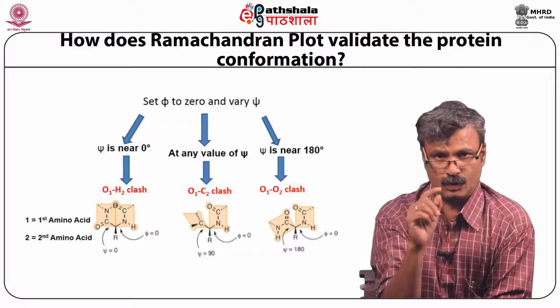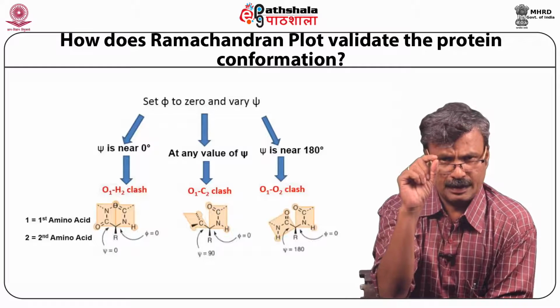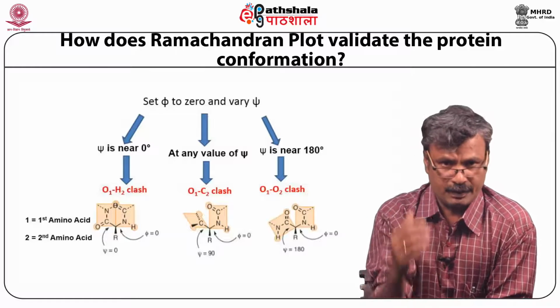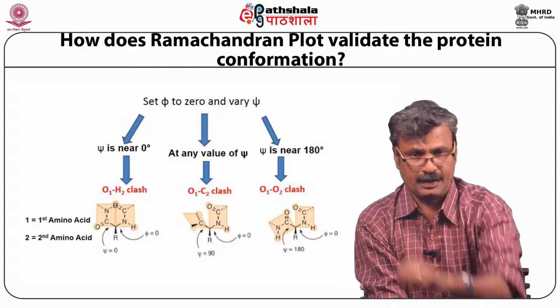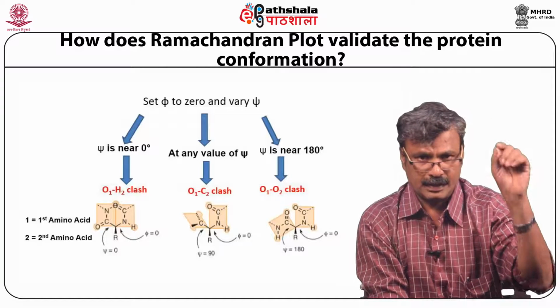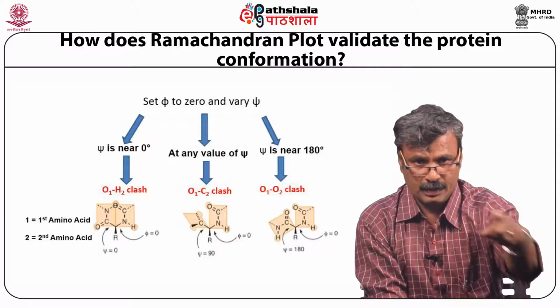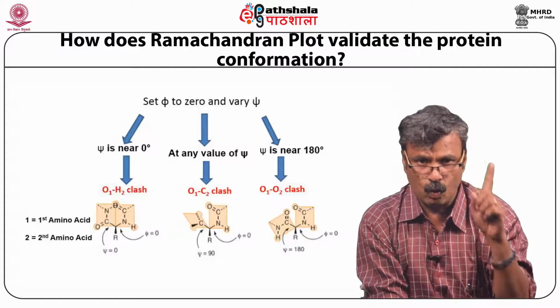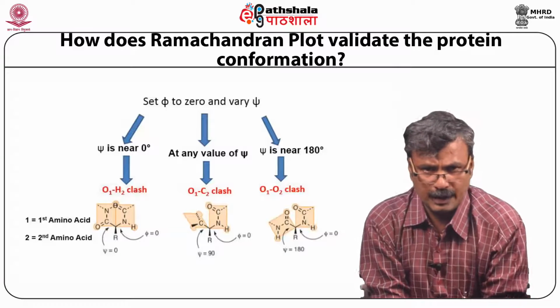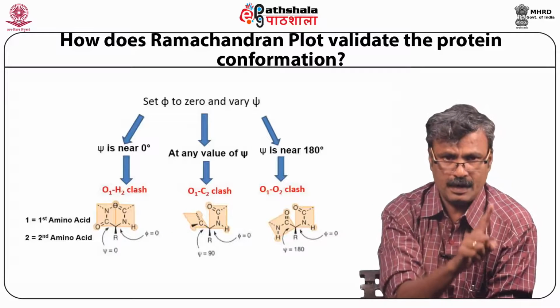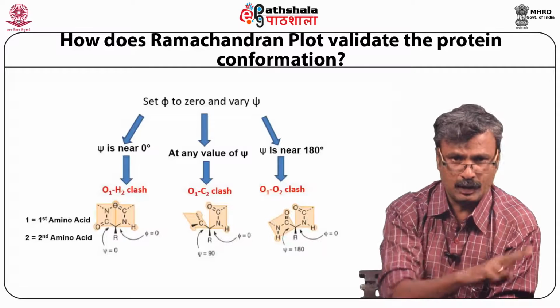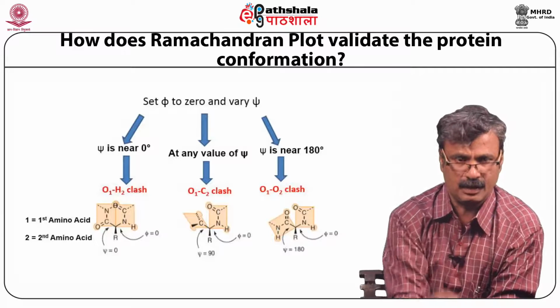Here we could see the three sets. The first strategy I told you is phi set as 0 and psi we vary. There are three pictures you can see here. In the first one, we set psi equal to near 0, for example phi 0, psi 0. Here in this picture you can see an O1, H2 clash. 1 represents the first amino acid, 2 represents the second amino acid, meaning the adjacent amino acid.